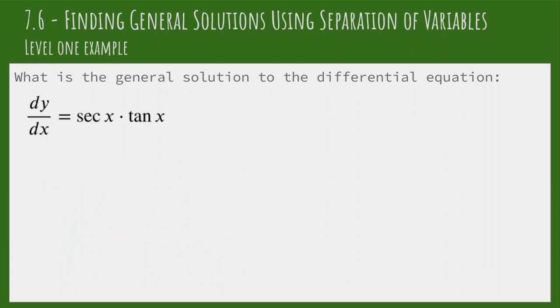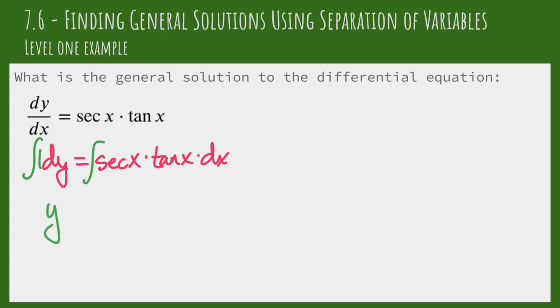We have solved these types of differential equations just using antiderivatives before, but if we separate variables, we get an expression that looks like this, which we can then take the antiderivative of both sides, and the antiderivative of 1 with respect to y is y. We take the derivative of secant of x to get secant times tangent, and then we have plus c.